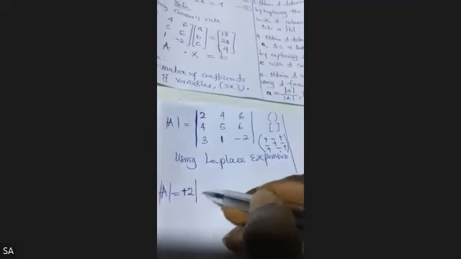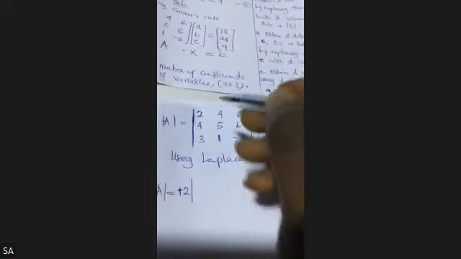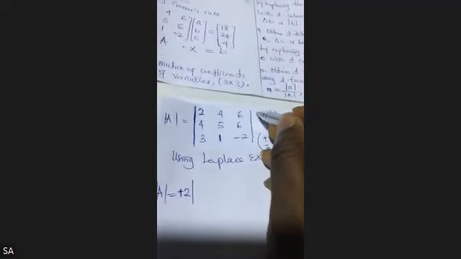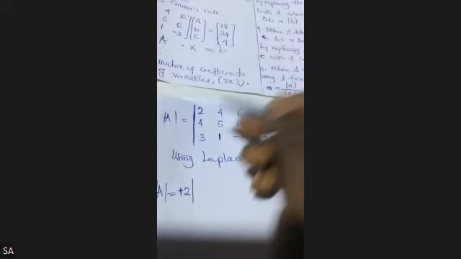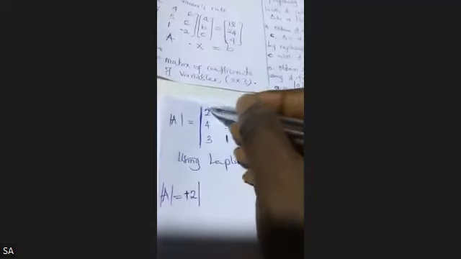Then I'll do a sub-matrix, which is called the minor. Because this 2 appears on row 1 and also on column 1, I've already picked it. I will now pick the minor of this particular entry.